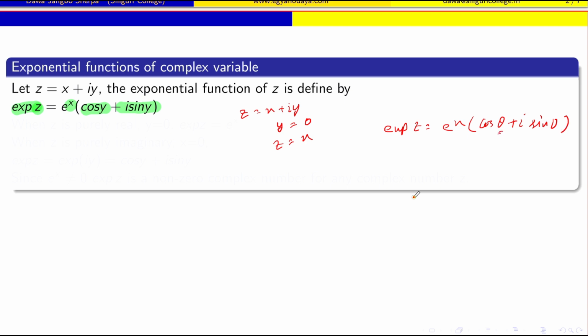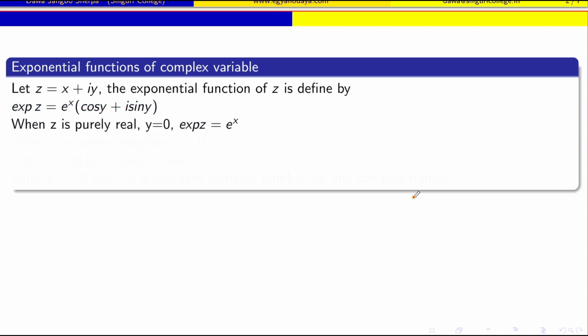Cos 0 is 1 and sin 0 is 0. So e to the power x into 1 plus 0, that means e to the power x. That means when z is purely real, when y is 0, the exponential function exp z will be equal to e to the power x.